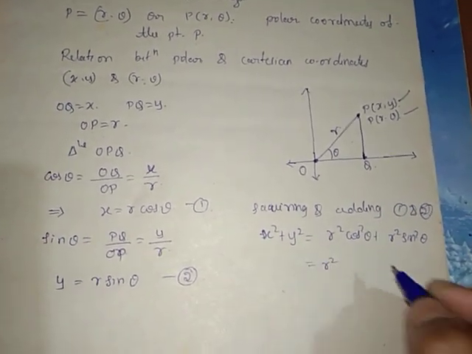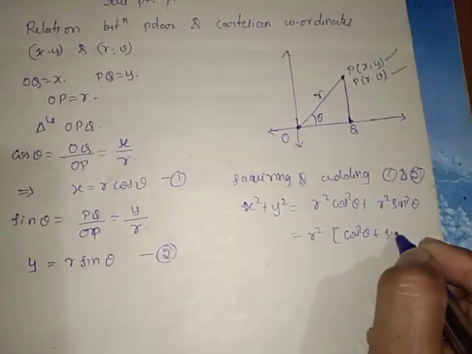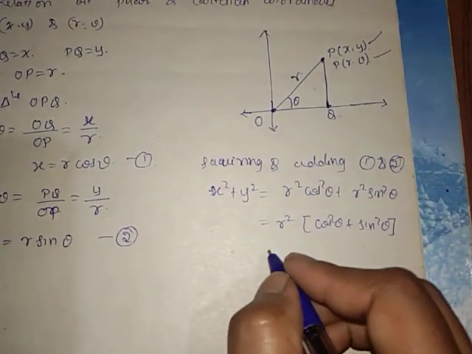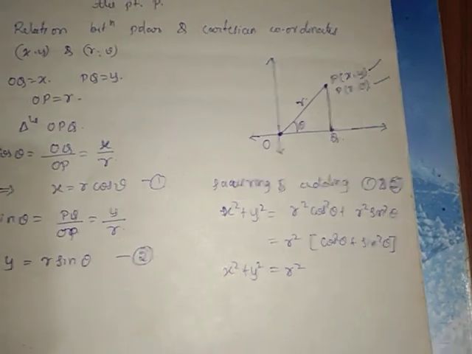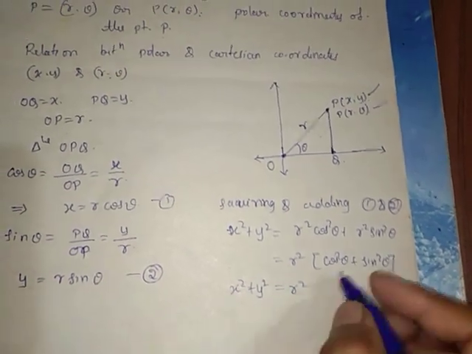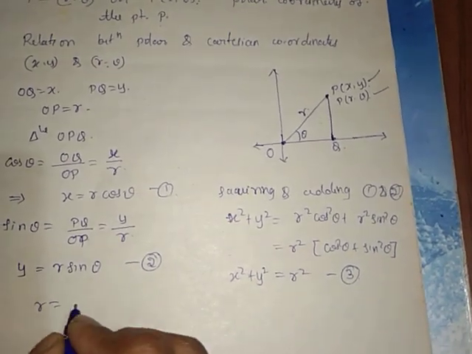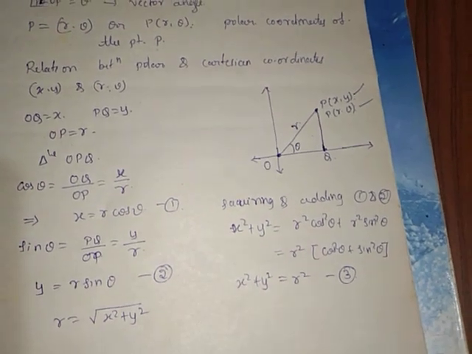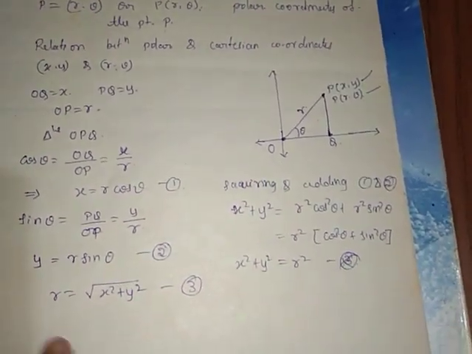Take r square as common. The remaining terms are cos square theta plus sin square theta. We know the identity cos square plus sin square equal to 1. So therefore r square equal to x square plus y square. Call this equation 3. We can also write it as r equal to square root of x square plus y square.